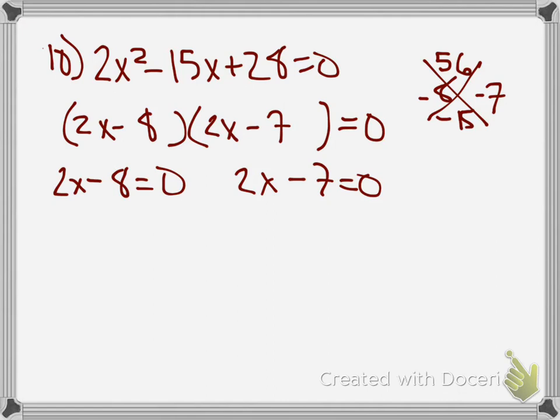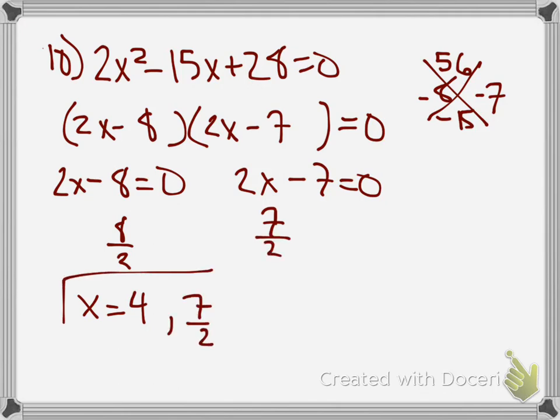So the opposite of negative 8 is positive 8, and then I'm going to divide by 2 to get x equals 4. The opposite of negative 7 is positive 7. Divide by 2, which will give me 7 halves, and you can leave it like that. And there you go. That's as hard as that gets.